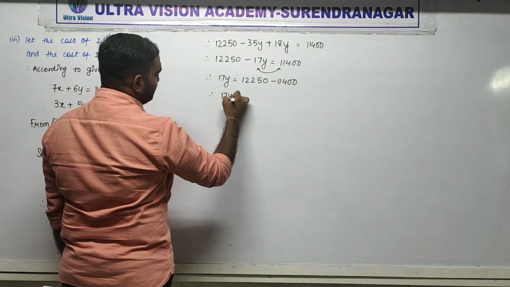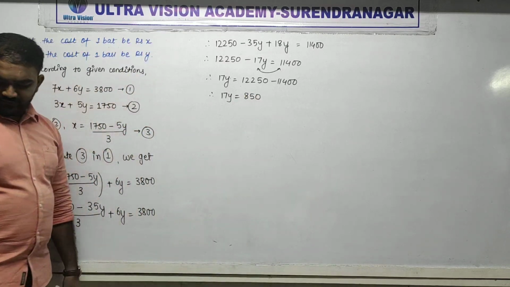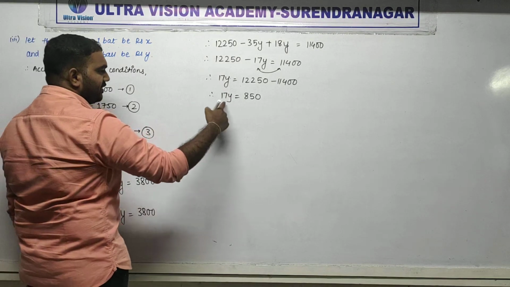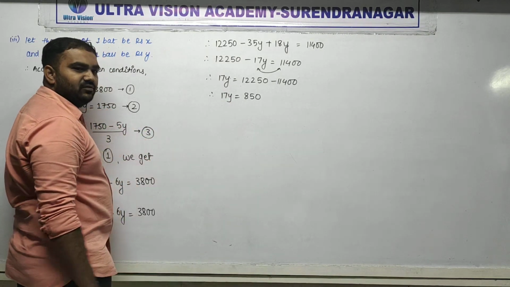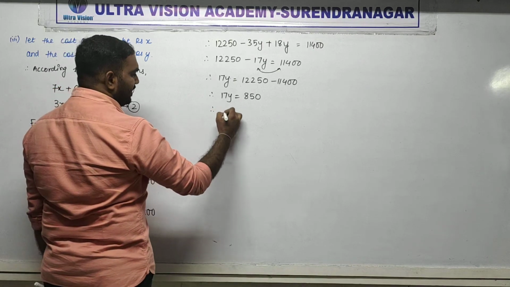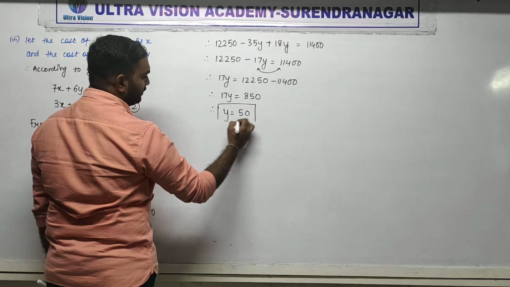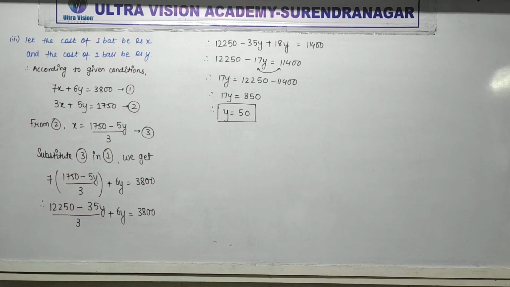That is 17y equals 850. Dividing 850 by 17, we get 50. That means y is simply equal to 50. Clear?